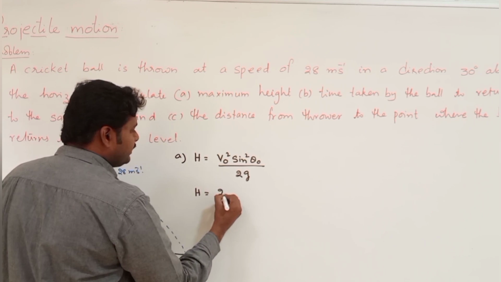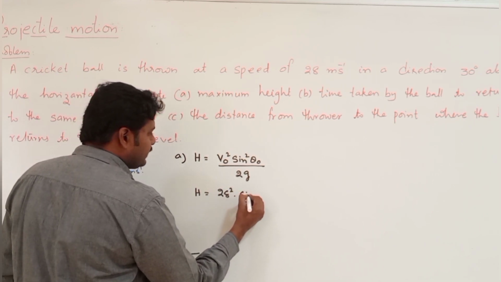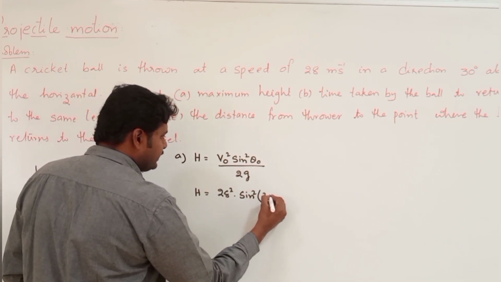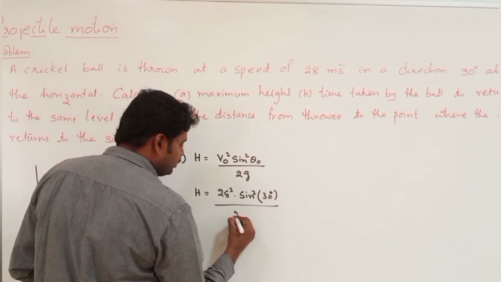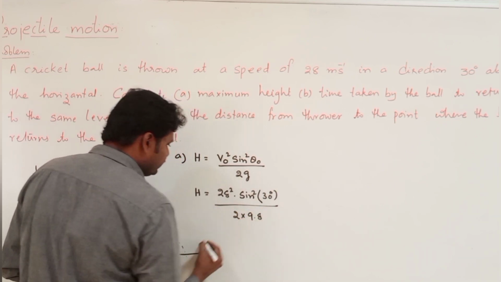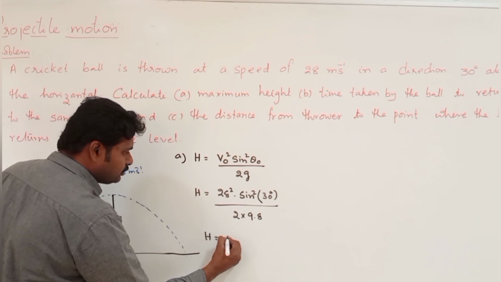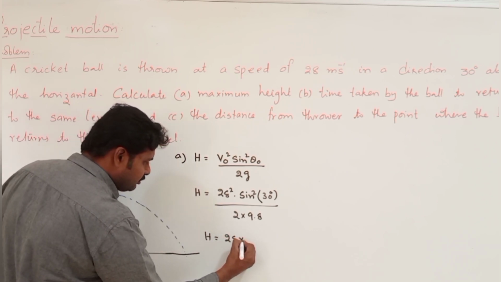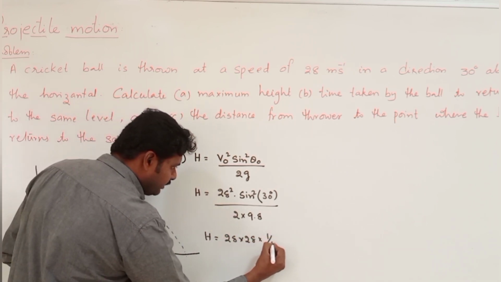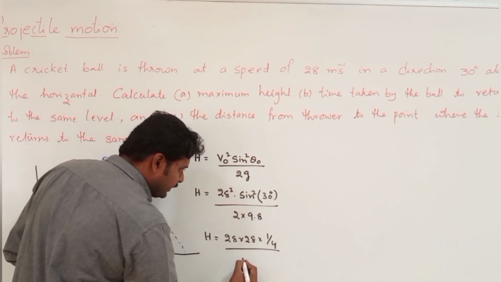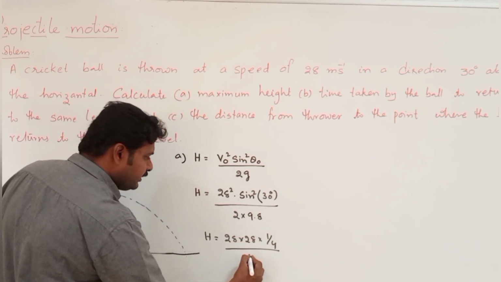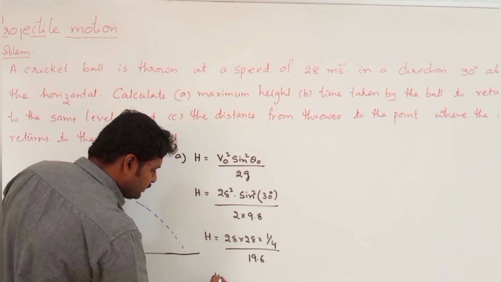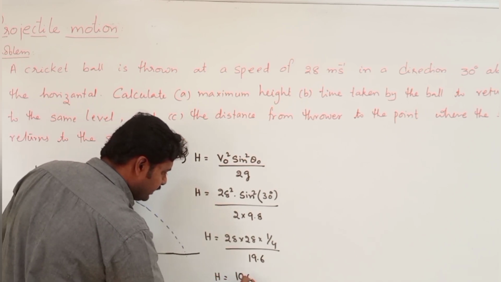So you can write 28 square sine square of 30 degrees by 2 into 9.8. So h is equal to 28 into 28 into 1 by 4, divided by 19.6. If you calculate it, it is about 10 meters.